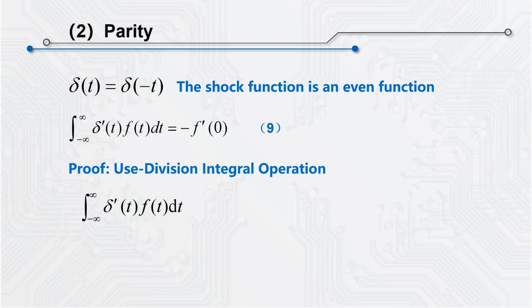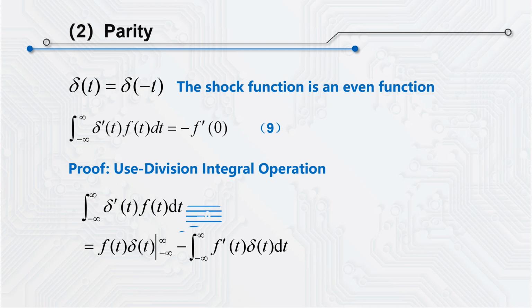You can prove this formula with partial integral operation. In this expression, ft times delta t is equal to 0 at its negative and positive infinity points, because when t is not equal to 0, the value of delta t is 0. Using the screening of delta t, we can prove formula 9.